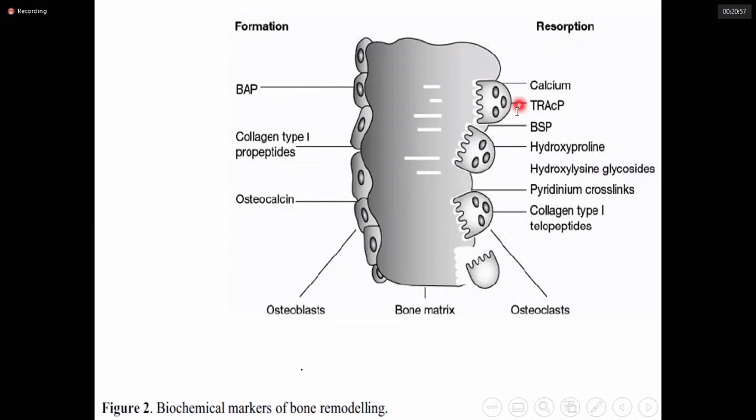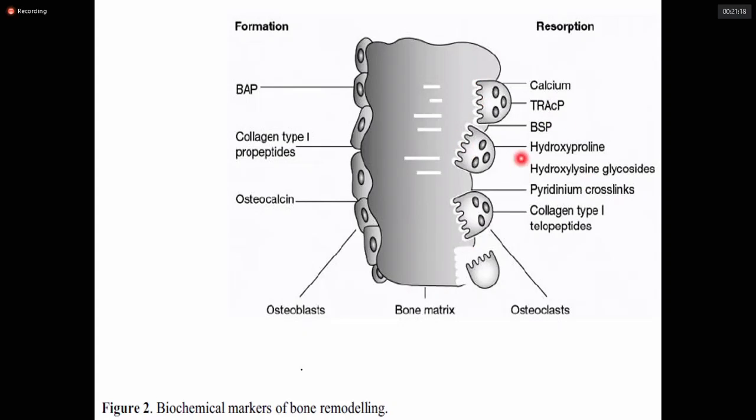When we have resorption of the bone, it means that the bone is going to be deformed due to the action of maybe osteoclast cells. You will see these fragments of proteins that will be generated from the breakdown of the bone structure.